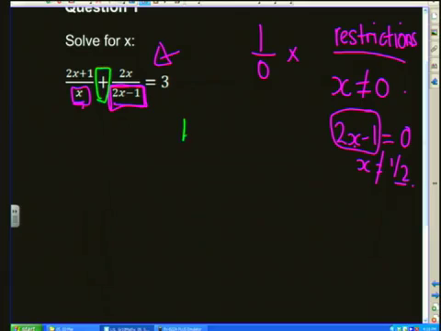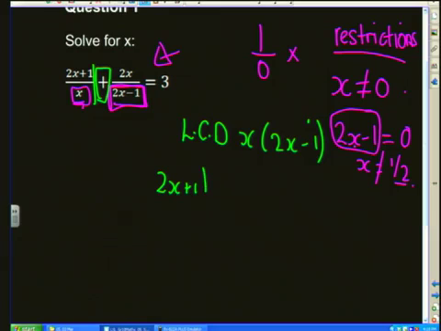First step, find an LCD, and here our LCD is going to be x times 2x minus 1. Remember, I times each expression by what it is lacking from my LCD. So the first term, 2x plus 1, I need to times by 2x minus 1.